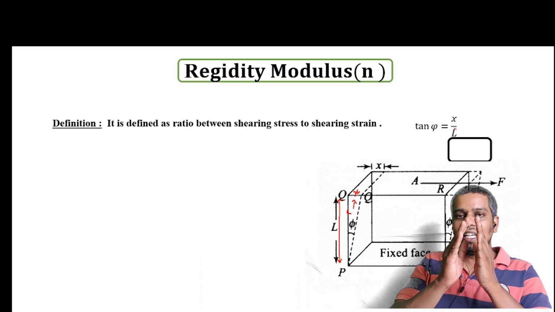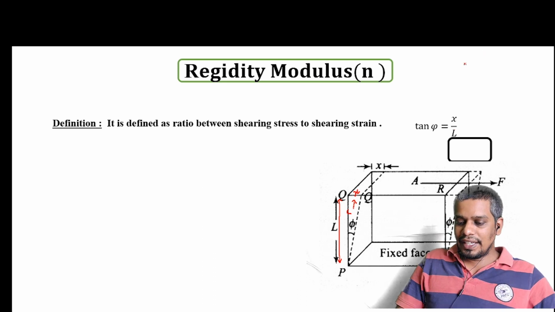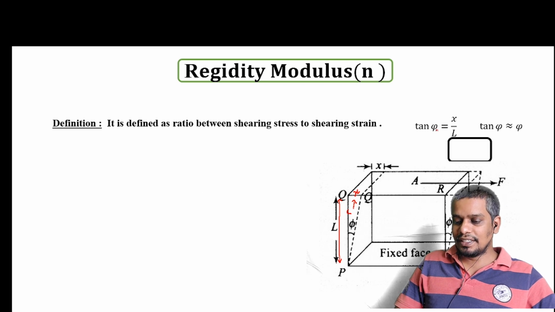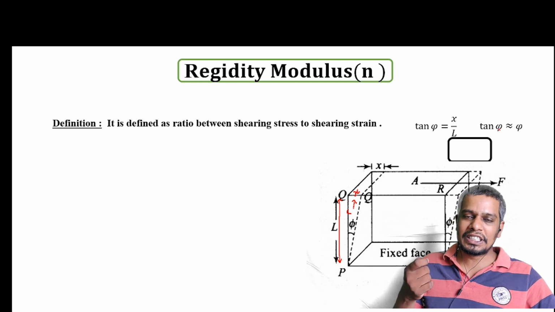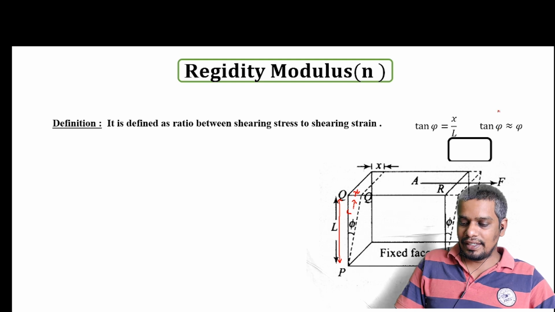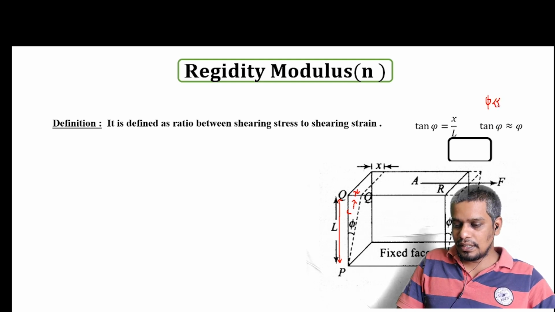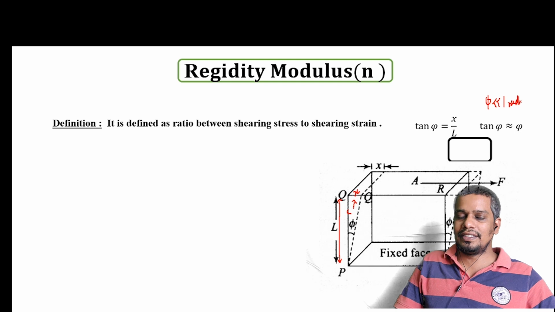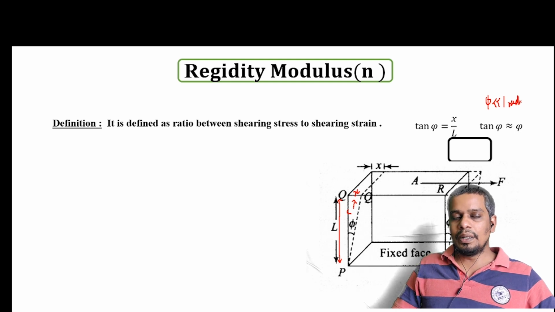If the deviation is a small angle, we can approximate tan pi as equal to pi. For any small angle, if you are measuring in radians and it is much less than 1 radian, then tan pi can be approximated as equal to pi.